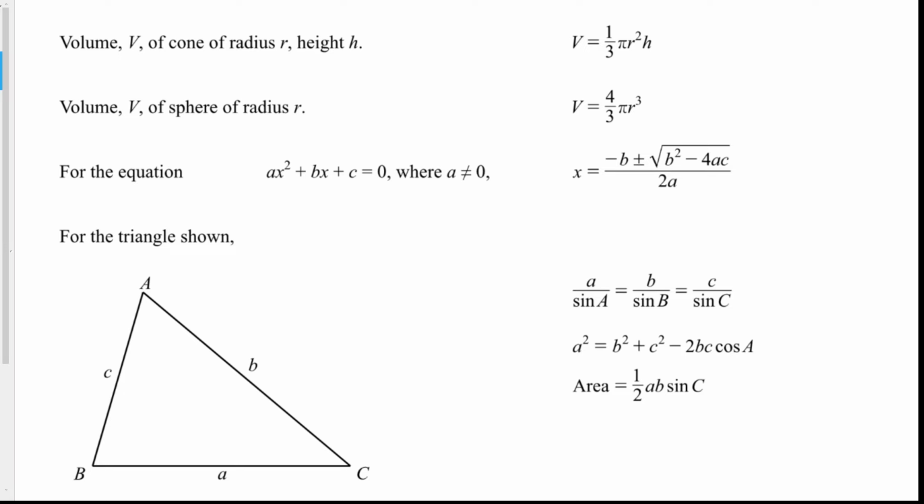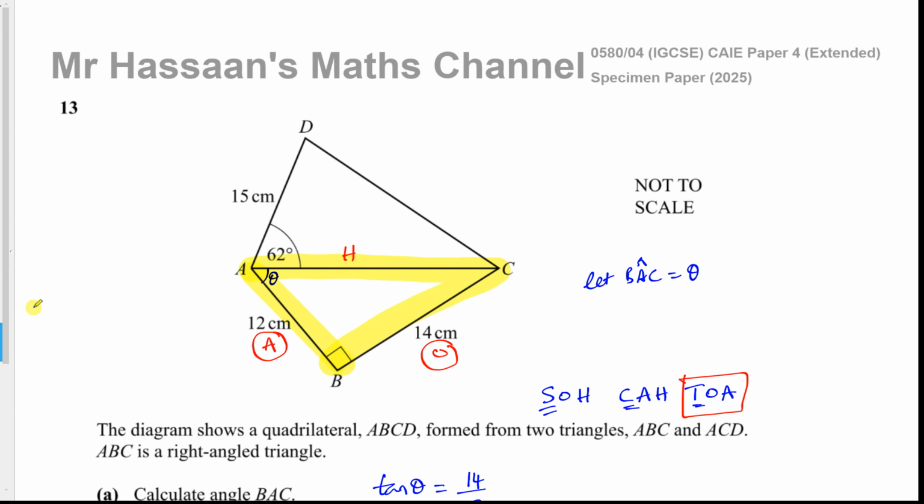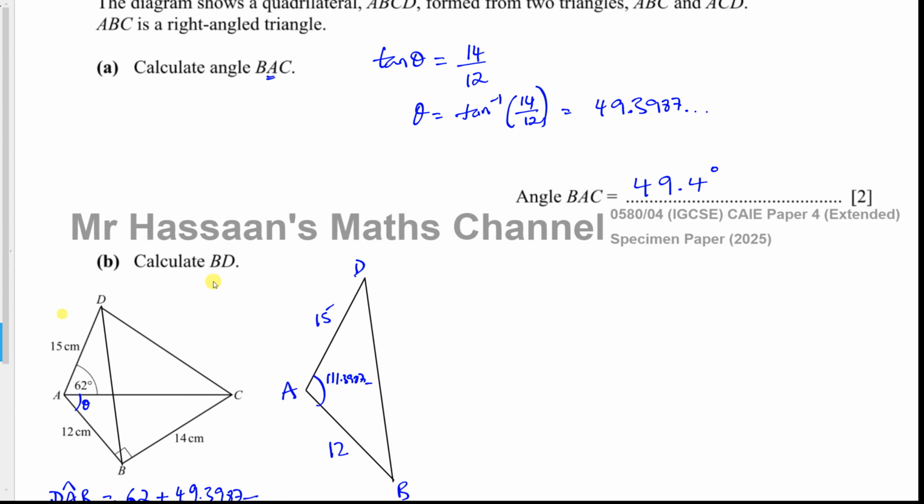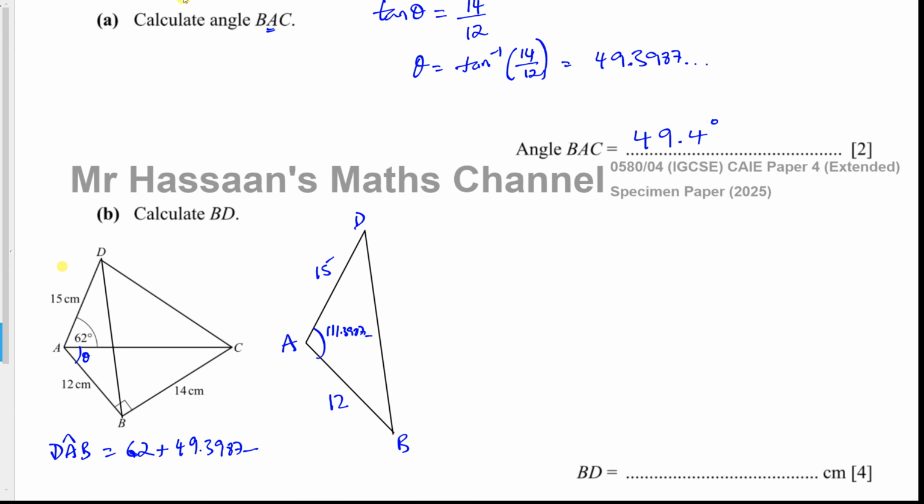So if we go back to our question, we can see that this is the side we're trying to find, which I'll call BD. Instead of putting squared, I like to write the square root of, so I won't forget to take the square root at the end.